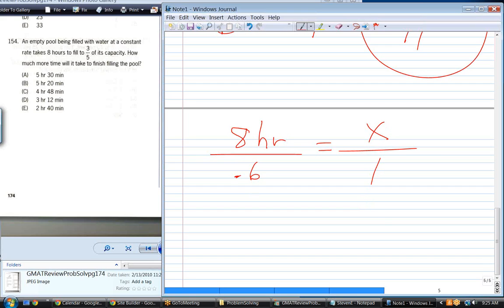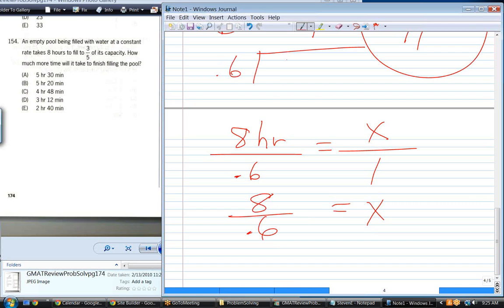So X is equal to 8 divided by 6/10. 13.33 hours to fill the whole pool.